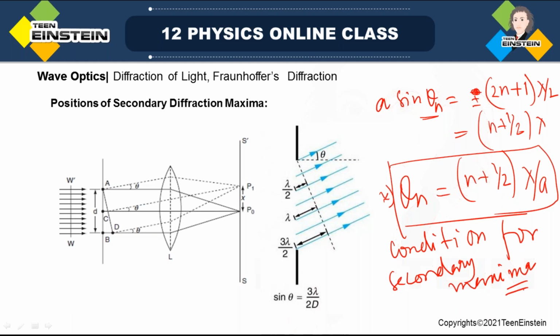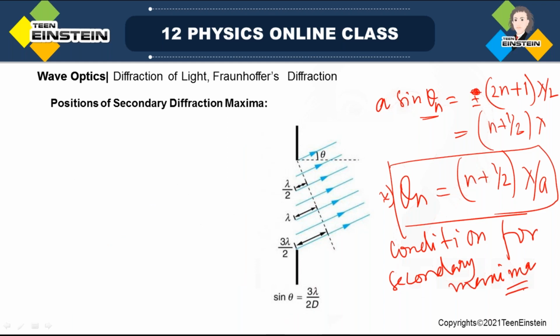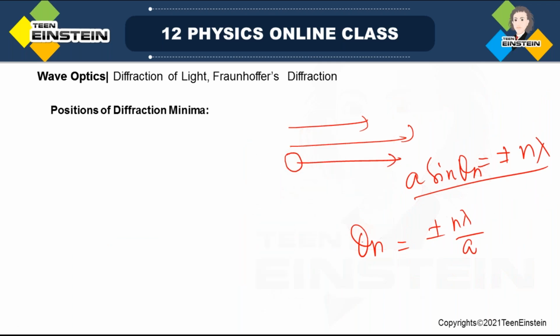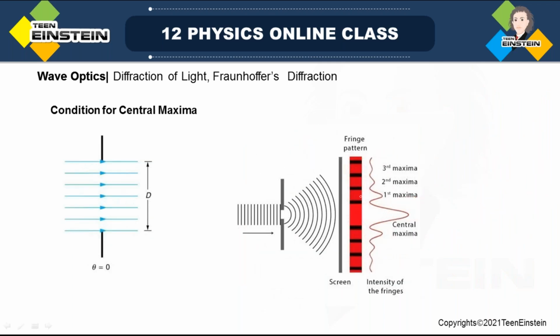If I plot the intensity pattern, it is already plotted here, or you can see it in your book. This is lambda by a, this is minus lambda by a, then 2 lambda by a for the second minima.